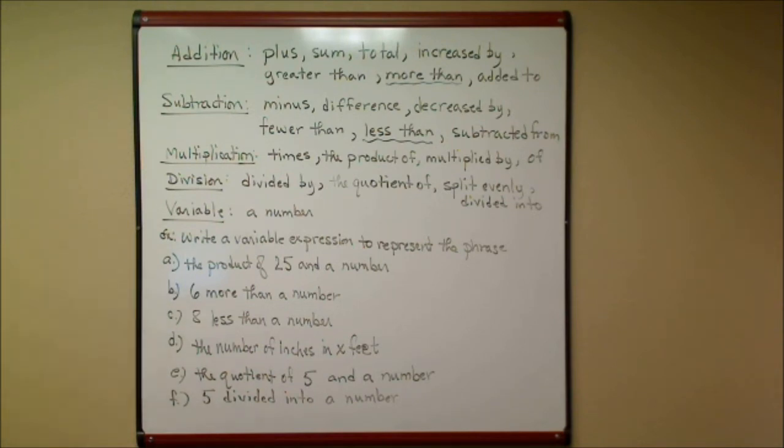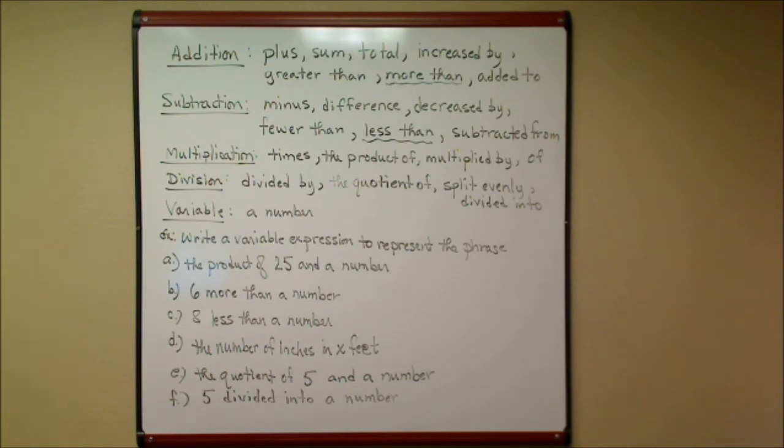Subtraction: minus, difference, that's a good one. Decreased by, fewer than, less than, which, like more than, is underlined. I'm going to get back to that. And subtracted from. Those are all expressions that represent subtraction. Multiplication: of course, the word times, the product of, multiplied by, and even the word "of," used in the right way, can represent multiplication.